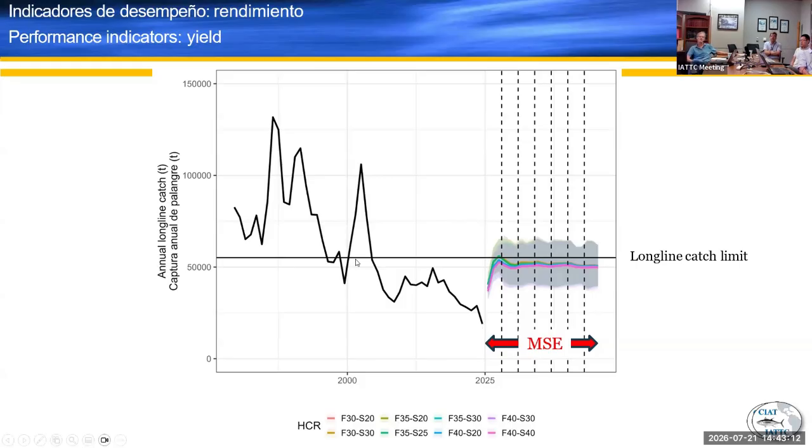Okay, but the thing to note here is if the fishing effort in the longline fishery increases like that, and this is with the 10-day closure limit, that the longline catch will get to a level that is a little bit less than the total of all the country catch limits. So it seems like the catch limits are actually somewhat reasonable in terms of the management of bigeye if things follow the assumptions in the management strategy evaluation.